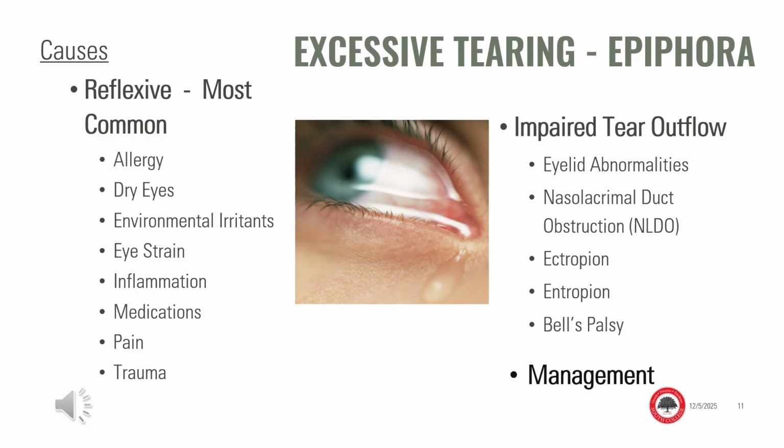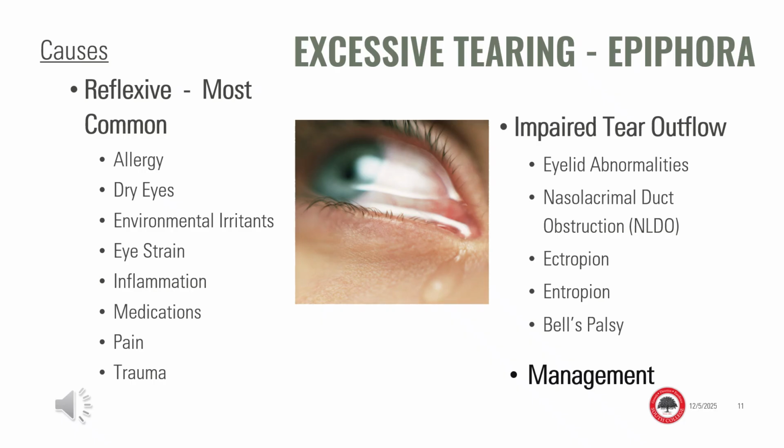Some of them are allergies, dry eyes, environmental irritant. So it doesn't have to be an environmental allergy. It can just be an irritant like walking into a chemical, smoke, things like that. Eye strain, inflammation, some various medications, pain, trauma. So a good history on this patient, including medications, is important.